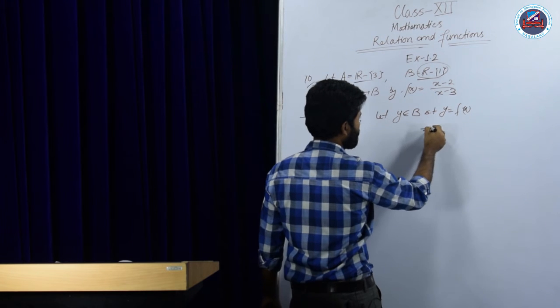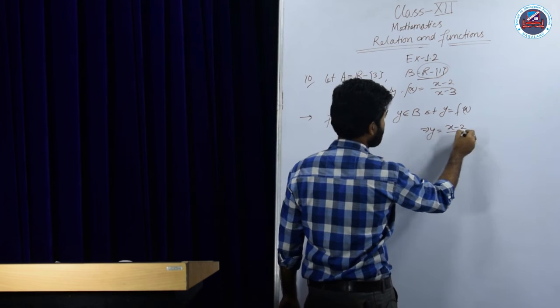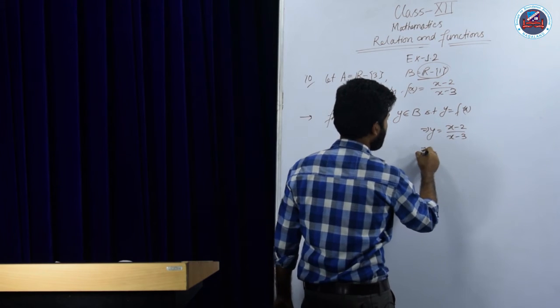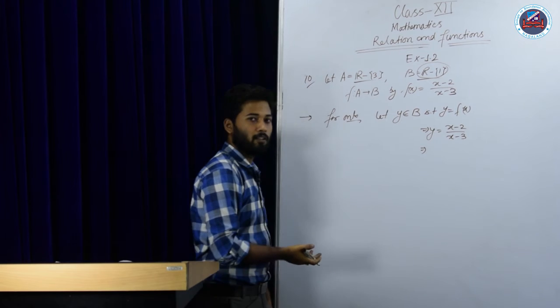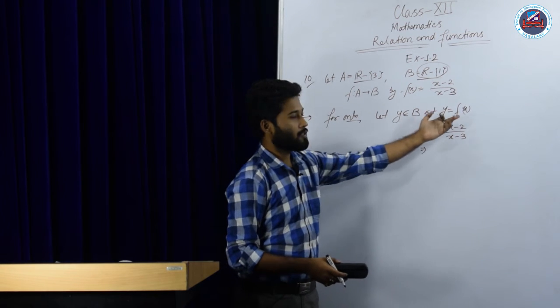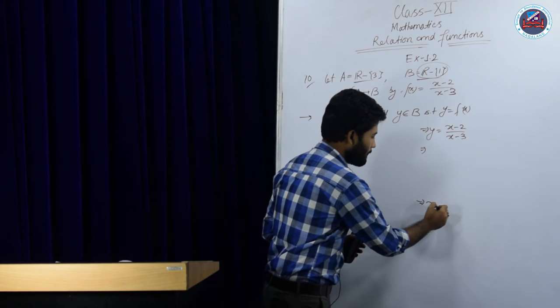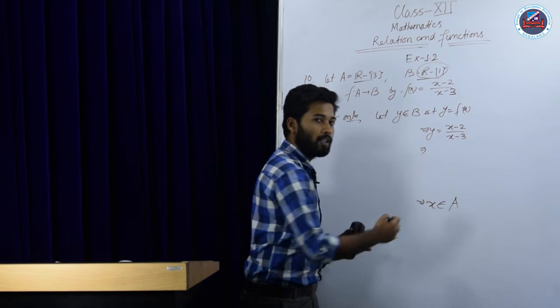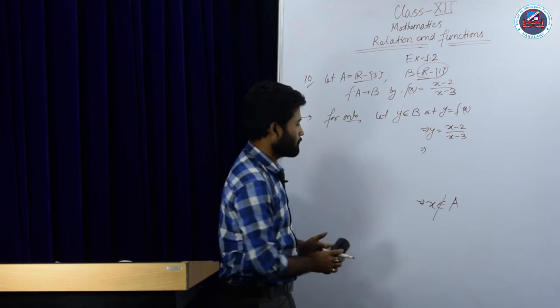Okay. So this implies, what is our f of x? x minus 2 by x minus 3. And then from this we need to solve for x. Every time you are doing the onto part, we need to consider y is equal to f of x and then solve for x. At the very end, if x belongs to the domain, then we are done, it's onto. If it does not belong to the domain, then it is not onto.